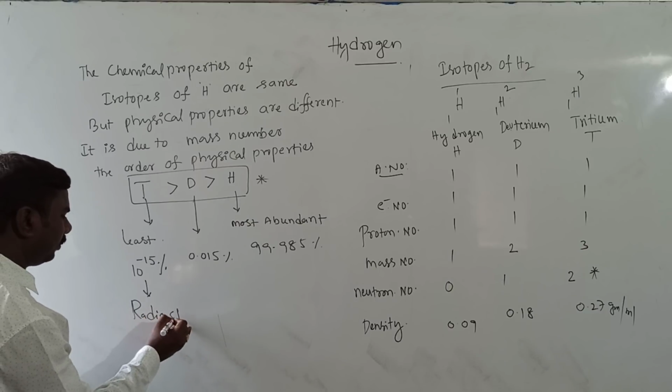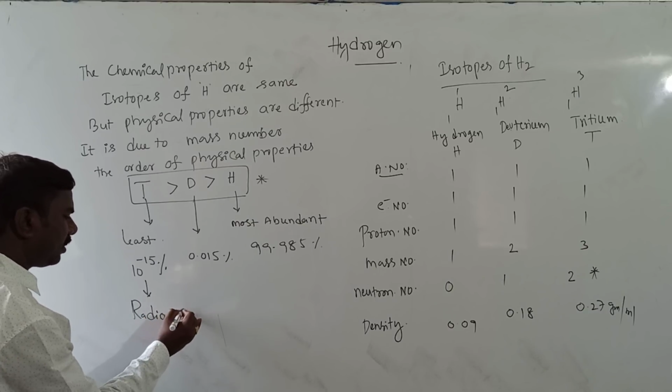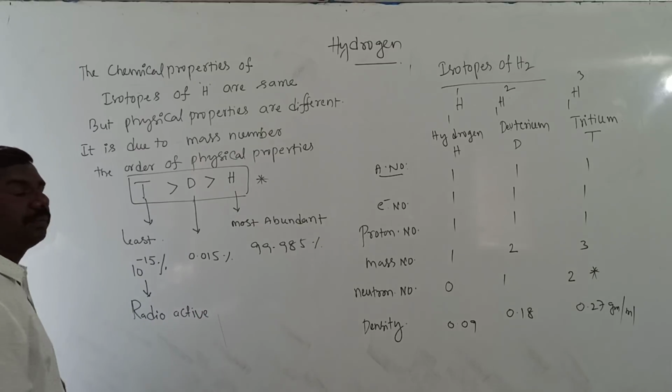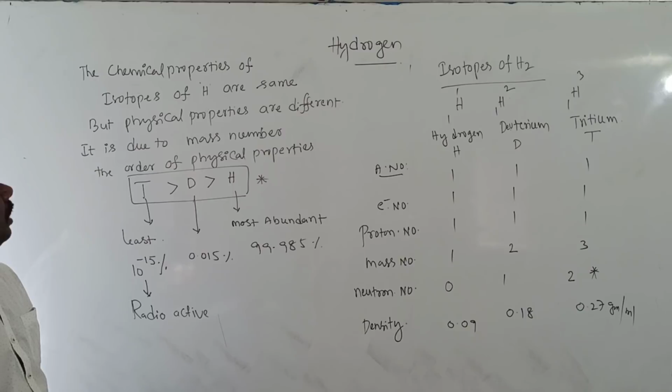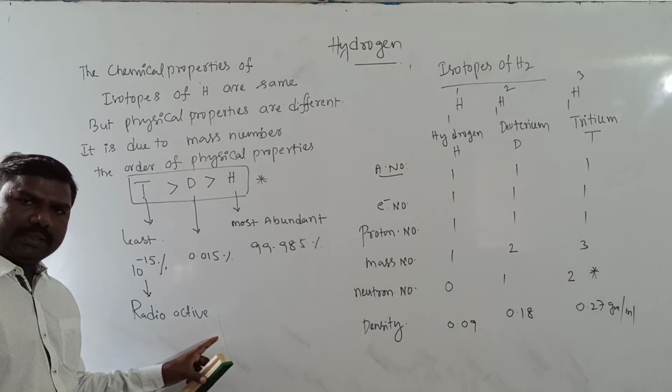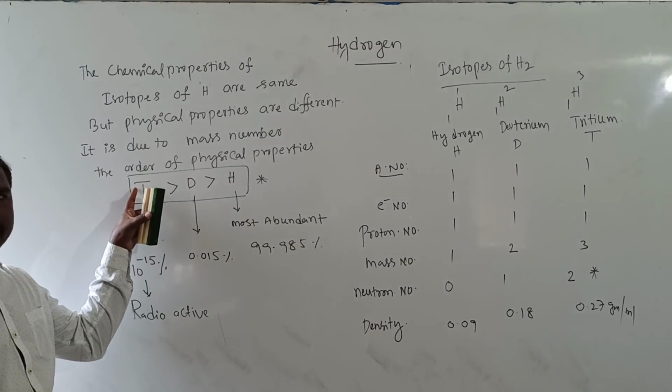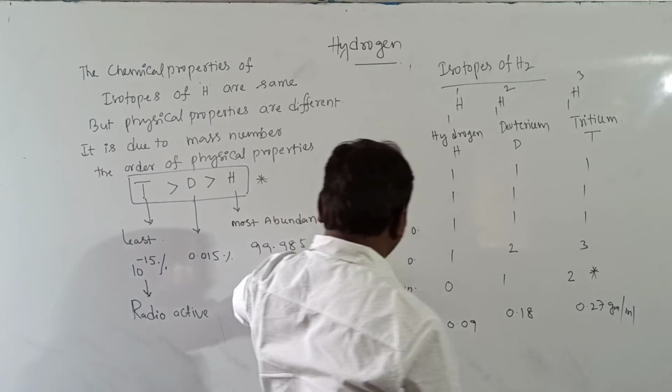Tritium is radioactive. The one and only radioactive isotope among hydrogen isotopes is which one? That is tritium.